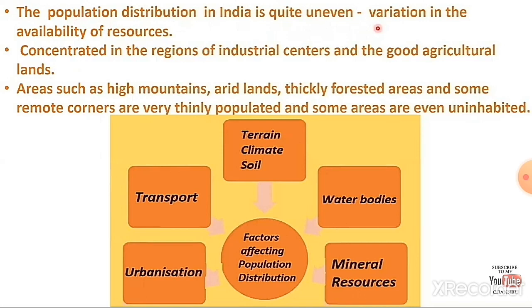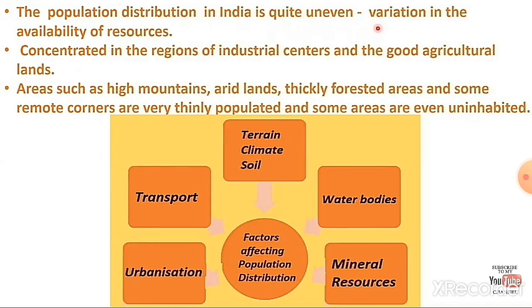Resources are a basic need for human beings. So based on that, the people are distributed over our country, concentrated in the regions of industrial centers and good agricultural lands. Nowadays, people settle based on their employment opportunities and also good agricultural lands.